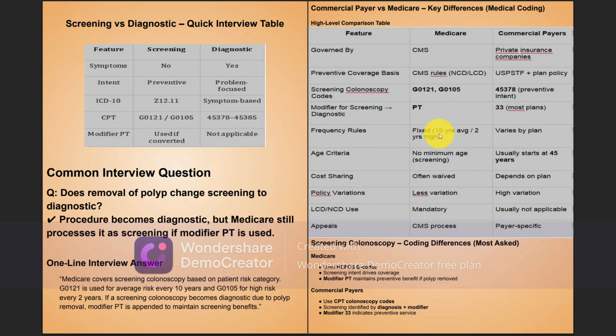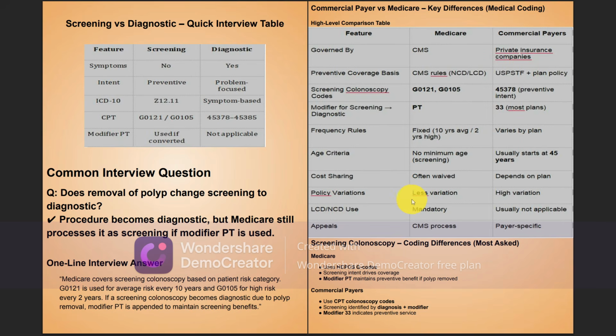Frequency rules: fixed in Medicare, 10 years for average risk, 2 years for high risk. In commercial it varies by plan, depending upon the payer plan. Age criteria: no minimum age for screening in Medicare; usually starts from 45 years in commercial. Cost sharing: often waived in Medicare; in commercial it depends upon the plan.